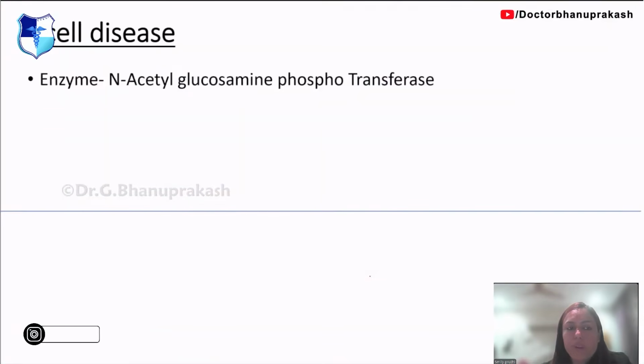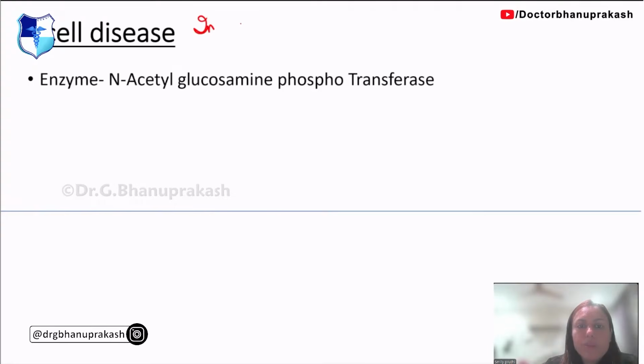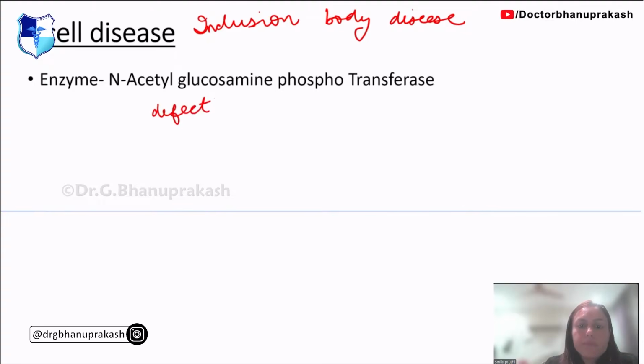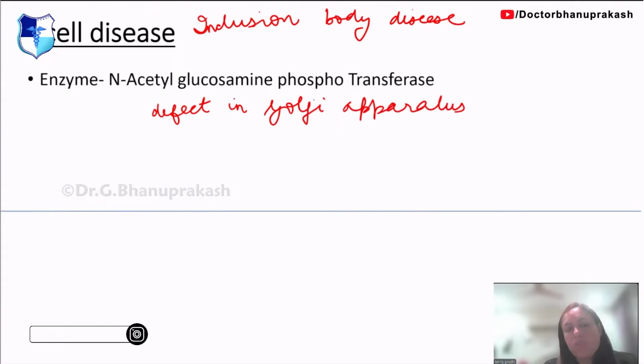So we are done with mucopolysaccharidosis. Coming to I-cell disease, that is inclusion body disease. Here there is a defect in the Golgi apparatus. Although it is a lysosomal storage disease, the defect is in the Golgi apparatus.